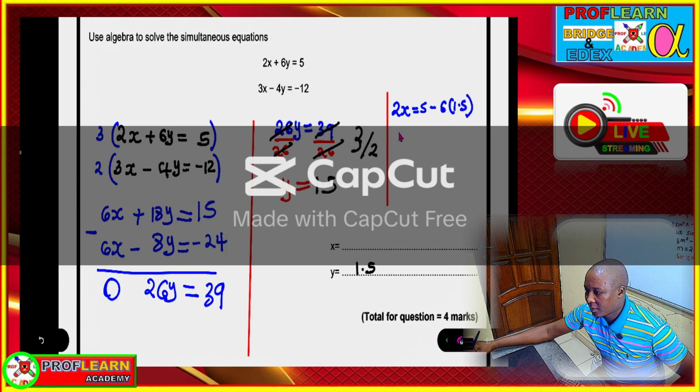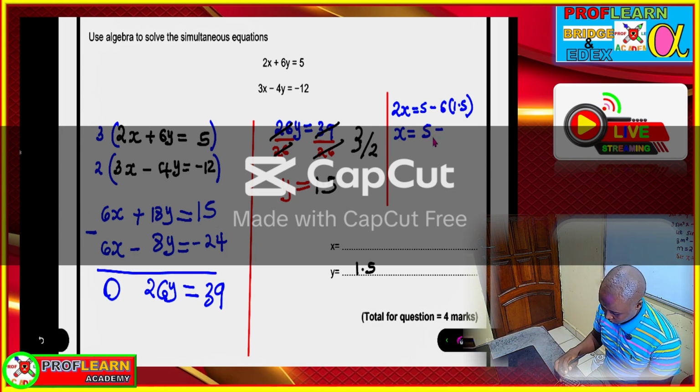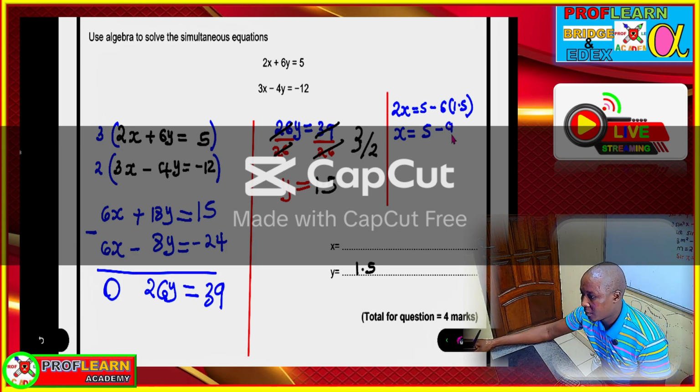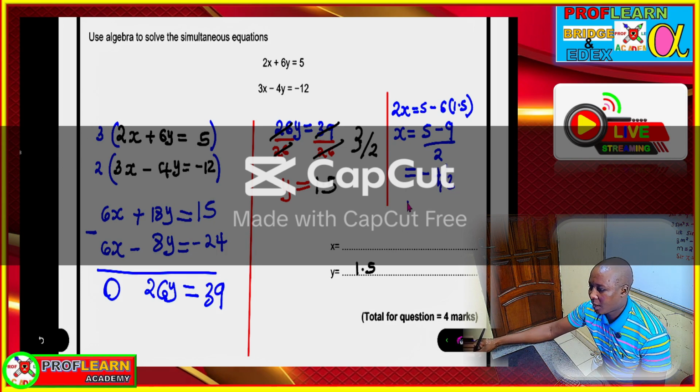And then our x therefore is going to be 5 minus 6 times 1.5, which is 9/2. So this is going to translate to minus 4/2, and the answer becomes finally minus 2 as the final answer.